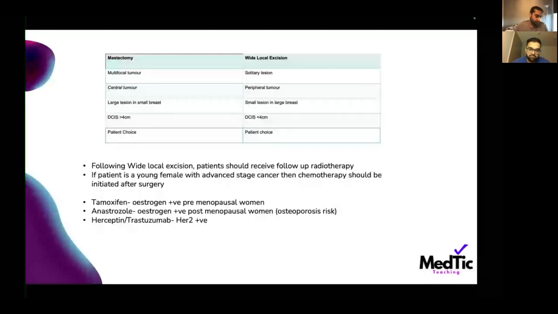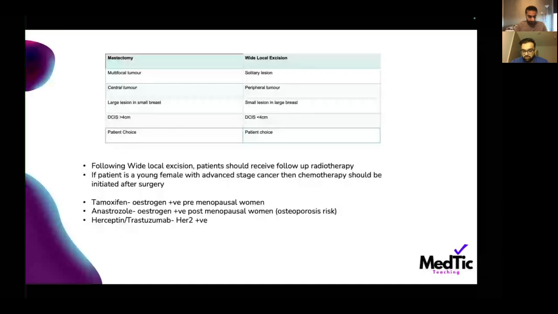Mastectomy would be a more central tumour, whereas wide local incision, like in this case in the question, would be a peripheral tumour. Large lesion versus small lesion, whether the ductal carcinoma is more than 4 centimetres or less than 4 centimetres. Now, with wide local incision surgery, all patients should receive follow-up with radiotherapy.